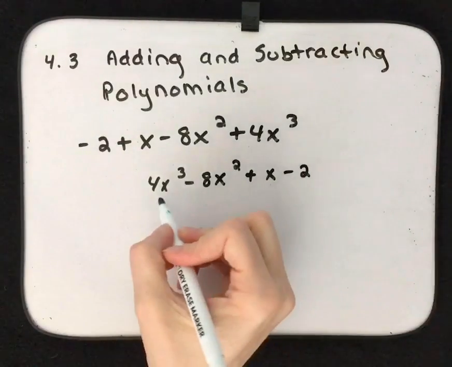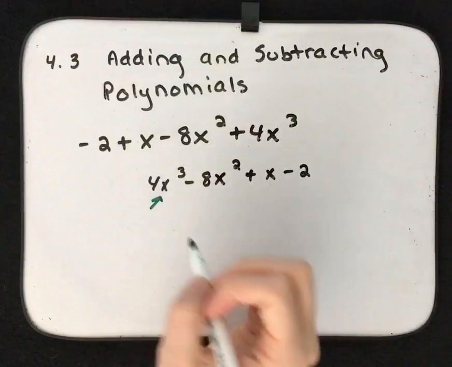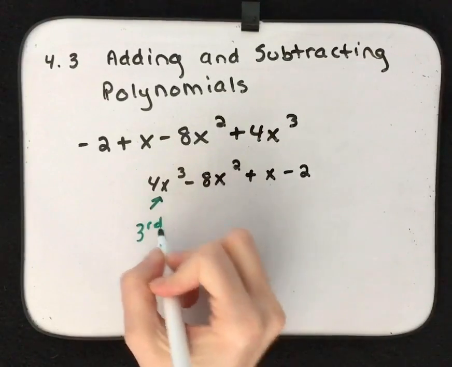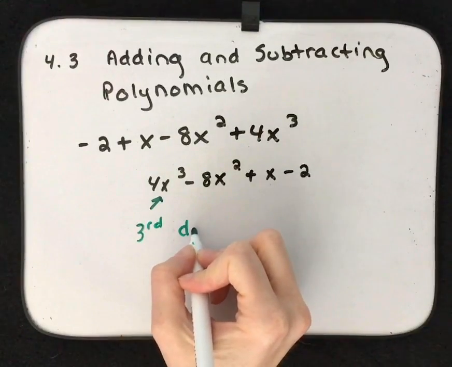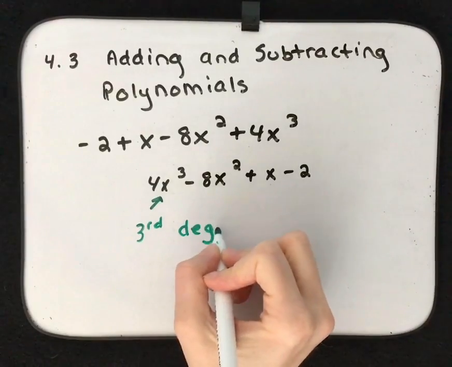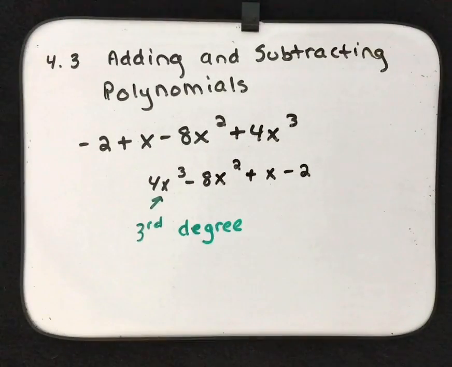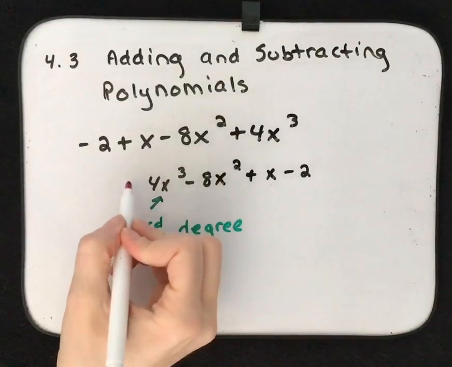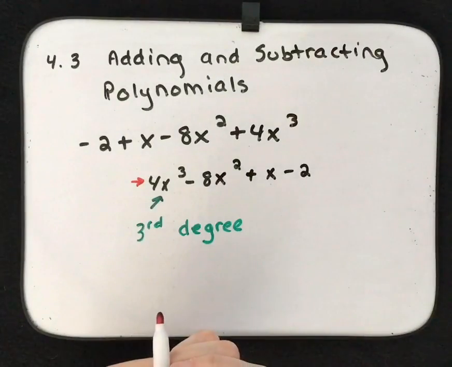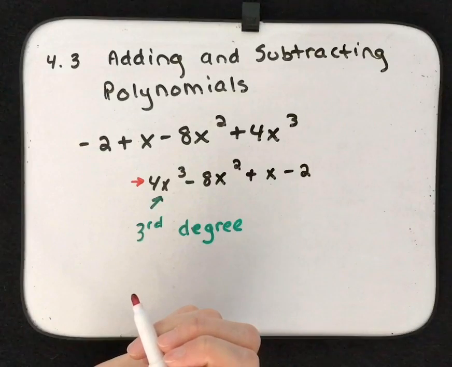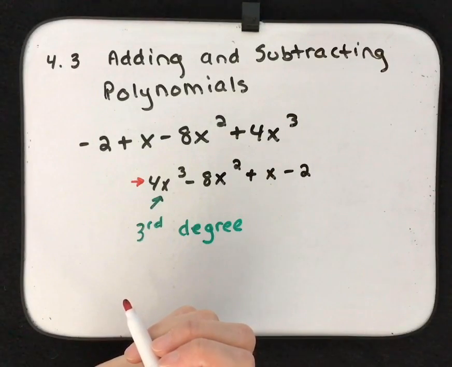In this case, all we have for our variables is x, so this would be a third degree because x is to the third power. If we're looking for our leading coefficient, that means we're looking for the number at the front of the very first term. So in this case, our leading coefficient is 4.